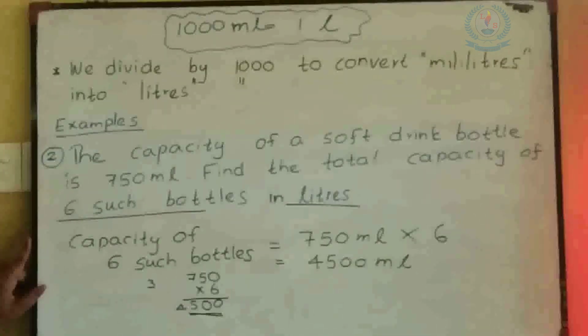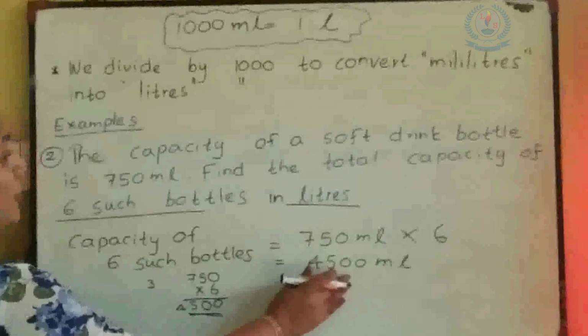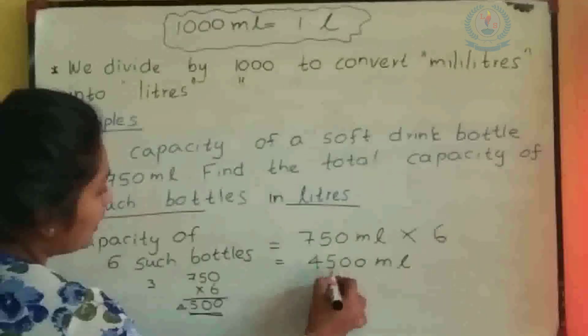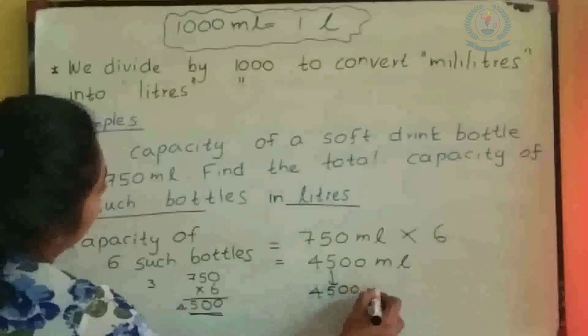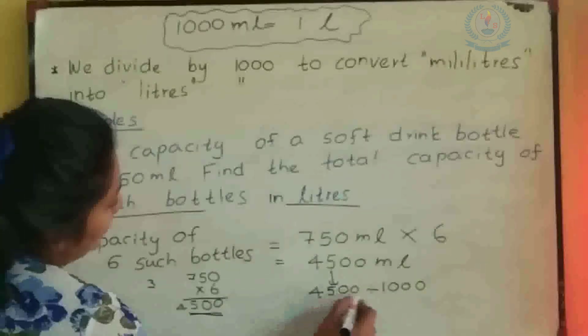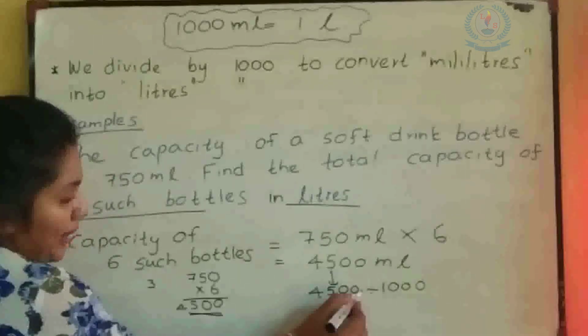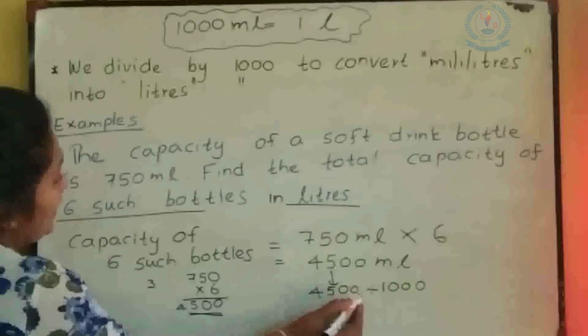No. Because in the question they are asking the answer in liters. Now we have to convert this value into liters. How to convert this into liters? This value should be divided by 1000. Now the decimal place is in here. We have to take the decimal place to the left-hand side by 3 digits.